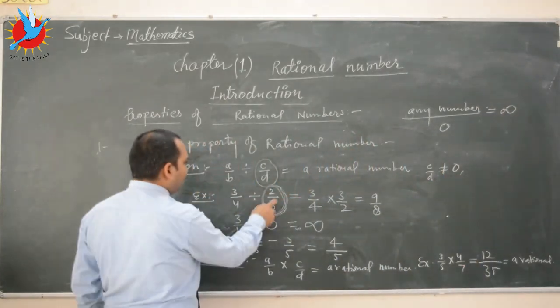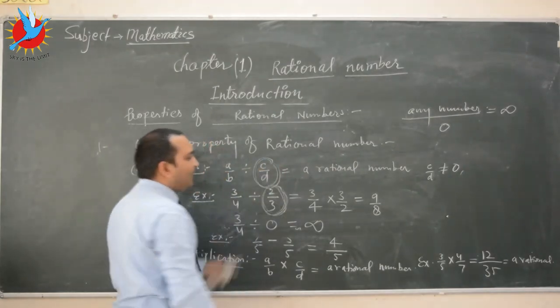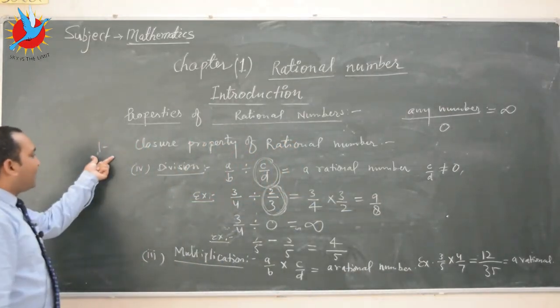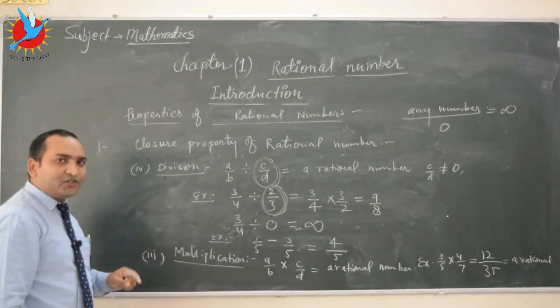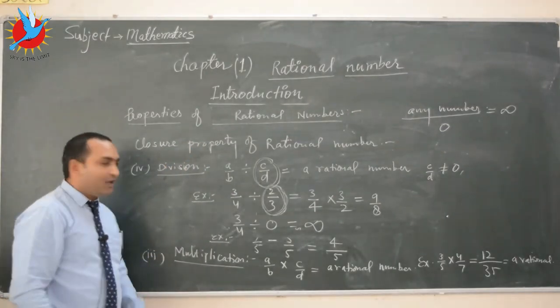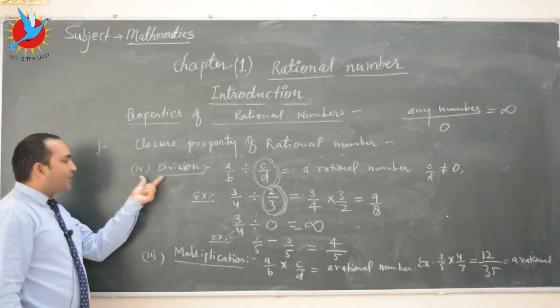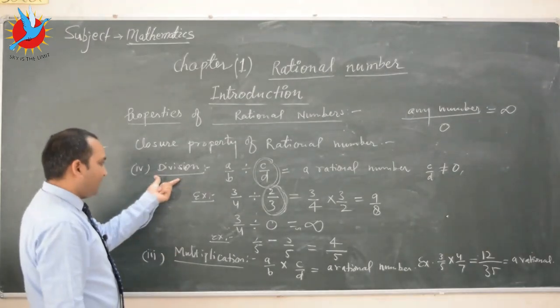So one condition is there for the closure property: c upon d should not be equal to 0. So the first property we read is the closure property of rational numbers, in which it holds for addition, subtraction, multiplication and division.